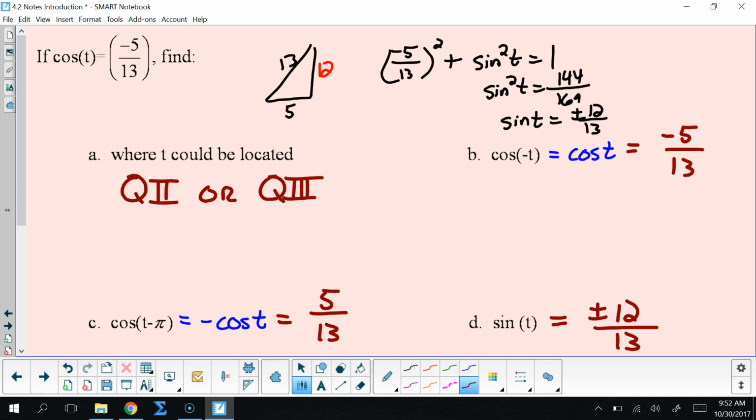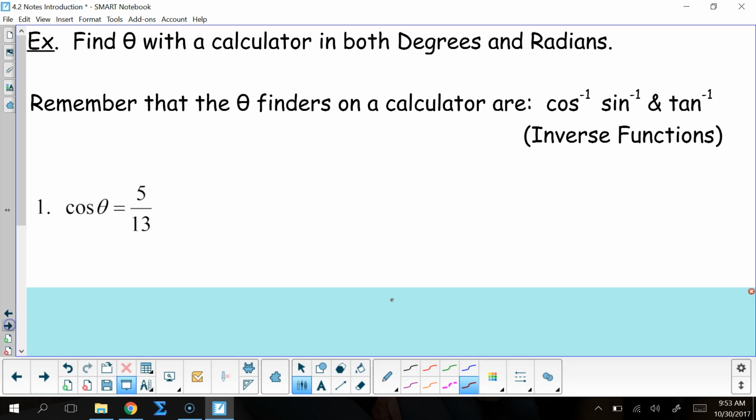Yes? Okay. Believe that there was anything else below that? No, there was not. Okay. So now it says find theta with a calculator in both degrees and radians. Okay?